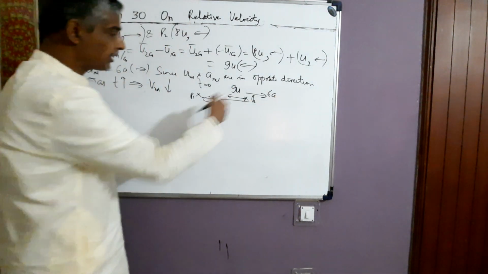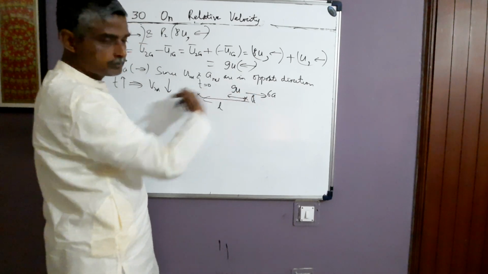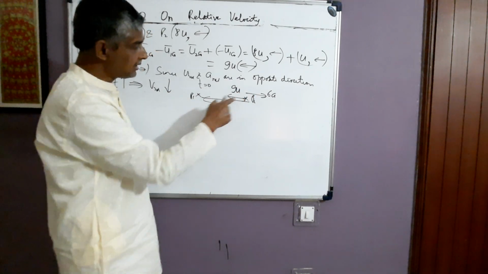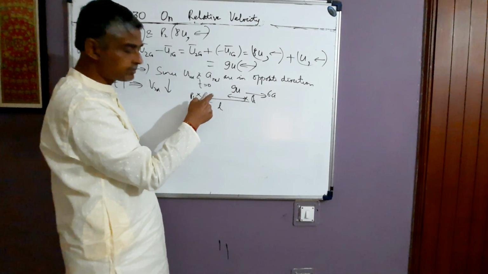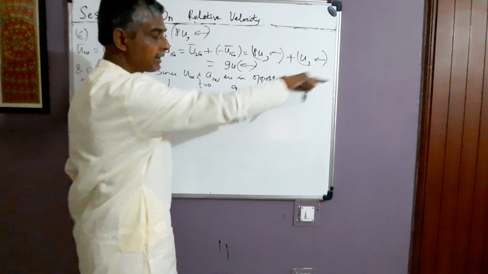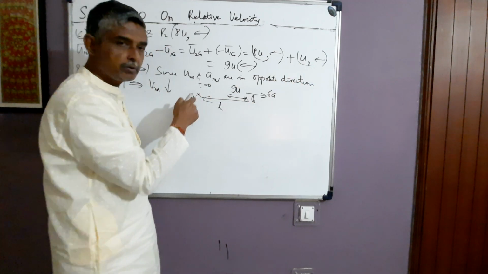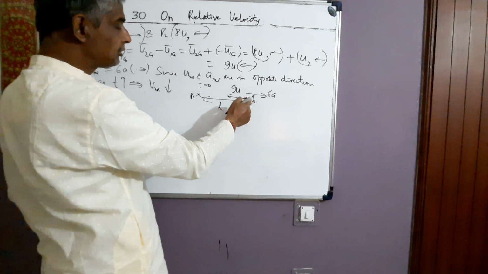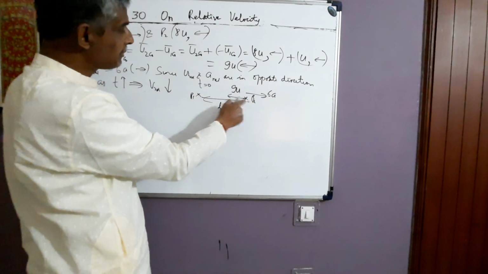So it is moving towards P1. The relative speed of P2 with respect to P1 goes on decreasing. One case is that P2 does not reach P1 before its relative speed becomes 0. But still, because of a relative, it will move rightward. So there is no chance of P2 coming to P1 and hitting it. So no collision. Again, for collision to take place, v relative of P2 with respect to P1 should be more than 0 when P2 reaches P1.